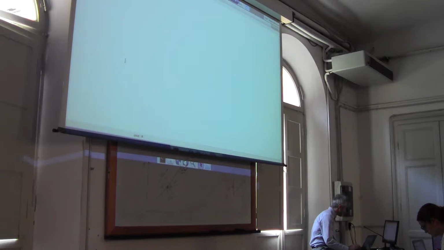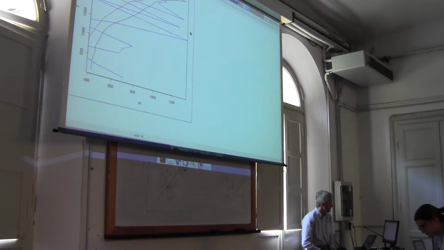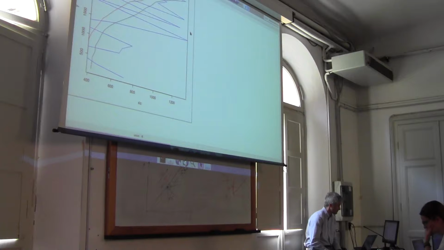Okay, so let me try it again. And let's see. Yeah, this is what happened, which is a little bit concerning because it means that there is instability. So it means that the time step is too huge. So let me change the time step then.